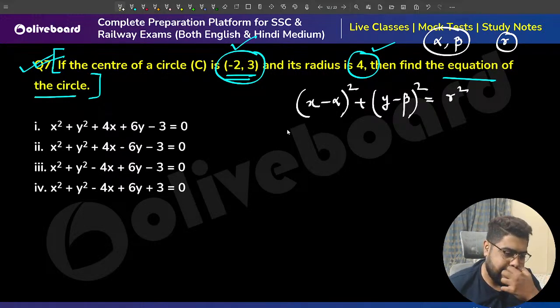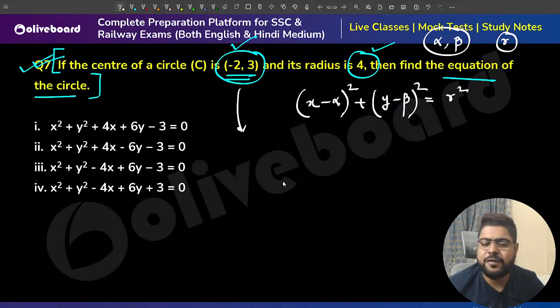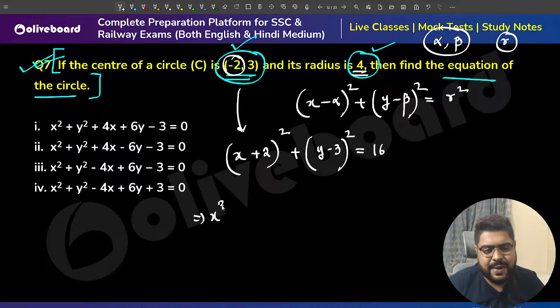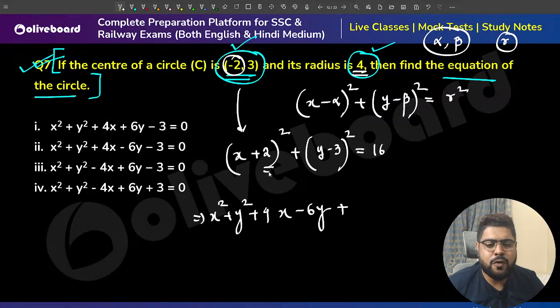So using that information, we can say x minus of minus 2, meaning plus 2, whole square plus y minus 3 whole square will be equal to r square. R is 4, so that is 16. So you can say x square plus y square plus 4x minus 6y, and 4 and 9 is 13, so 13 minus 16 will be minus 3, equal to 0.